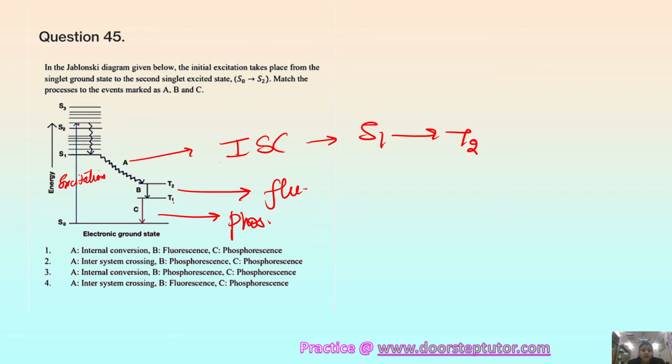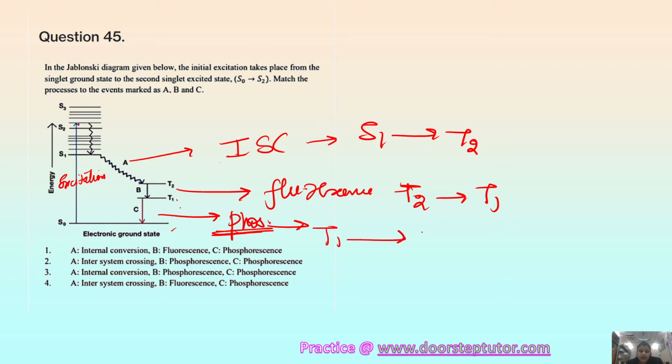T2 to T1, this is the fluorescence. Why am I saying this is the fluorescence? Because it's going from T2 to T1, so there is no change in the spin multiplicity. If the spin multiplicity is the same, then that's the fluorescence. If the spin multiplicity changes, then that's the phosphorescence. From T1 to S0 the spin multiplicity changes.